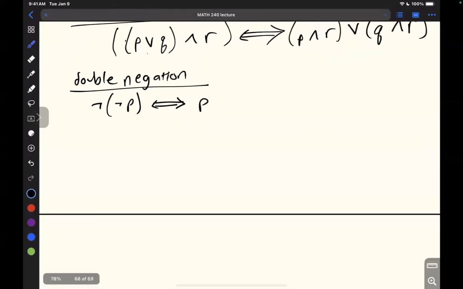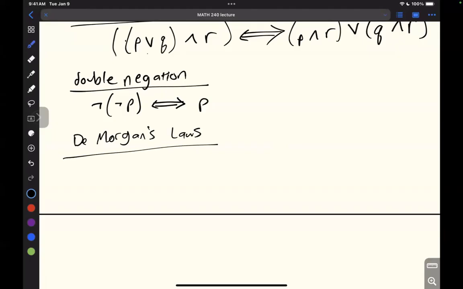And then we get into De Morgan's laws, which we've talked about with set notation.